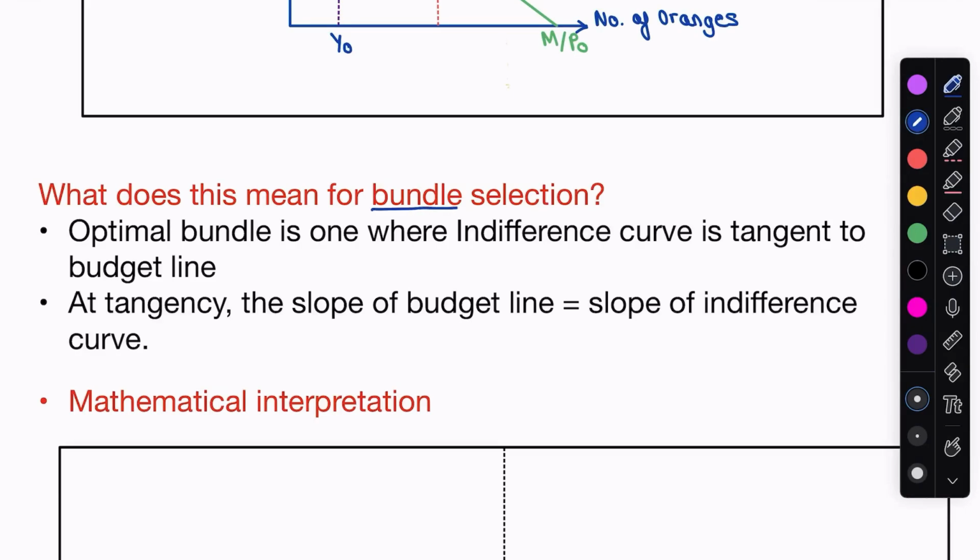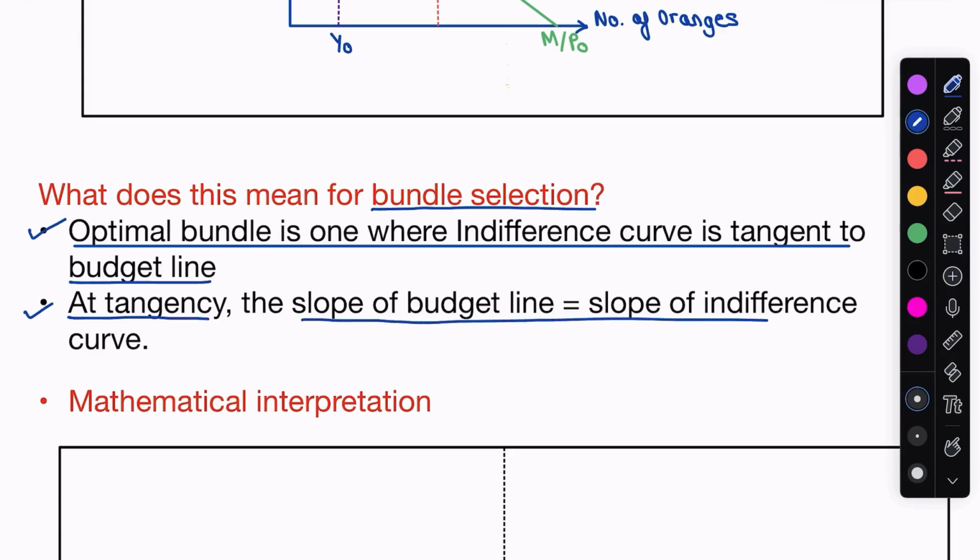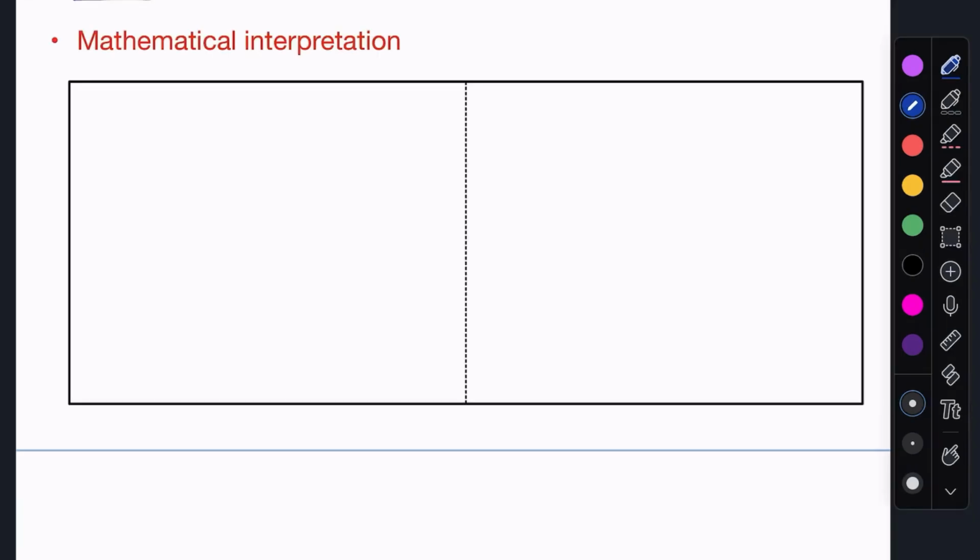What does this mean for our bundle selection? It means two things. First, optimal bundle would be one where budget line is tangent to the indifference curve. And second, at tangency, the slope of budget line would be equal to the slope of indifference curves.